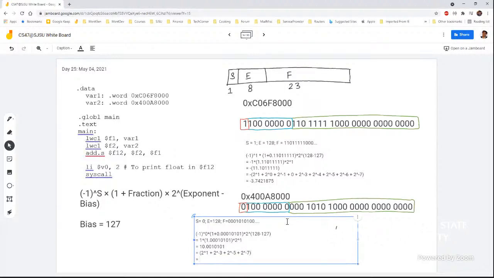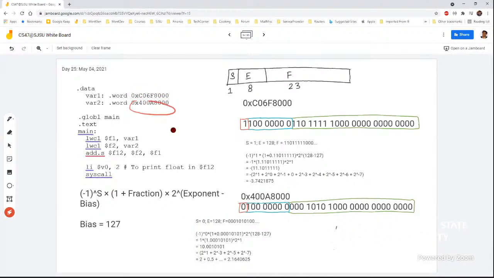That will give you 2 plus 0.5 plus something, which ultimately, if you use a calculator, will come down to 2.1640625. So now we get both this pattern's and this pattern's values.